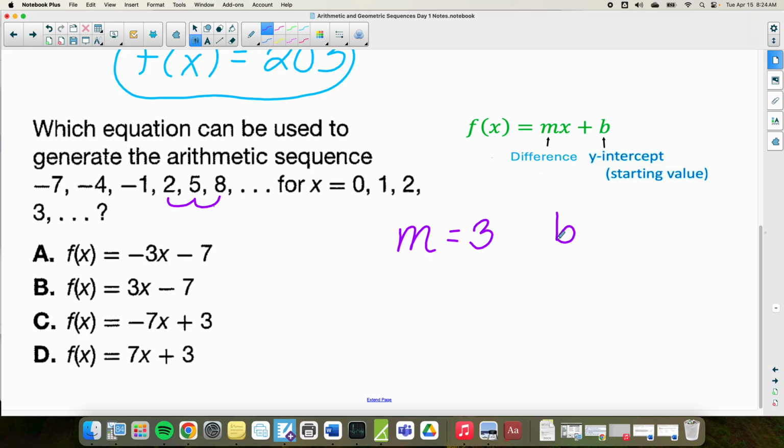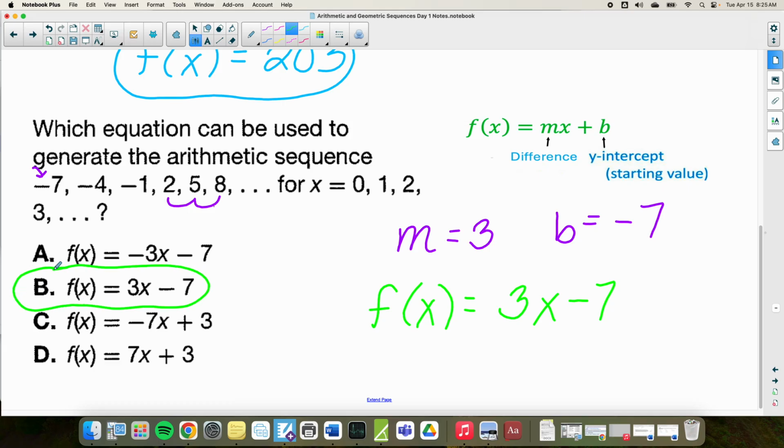And then b is what we started with, which is the -7. So then your equation would be f of x equals, you put in 3 for your m, and then you could either go plus a -7 or just subtract 7. So our answer would be B, okay?